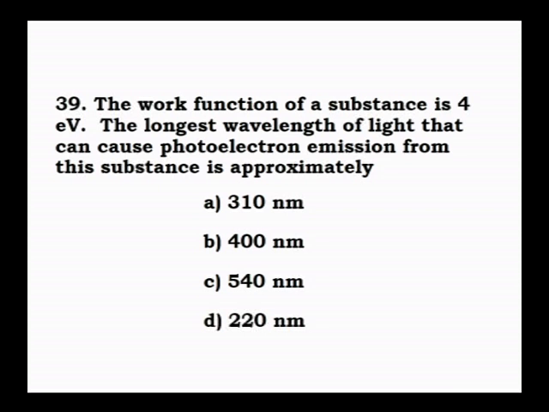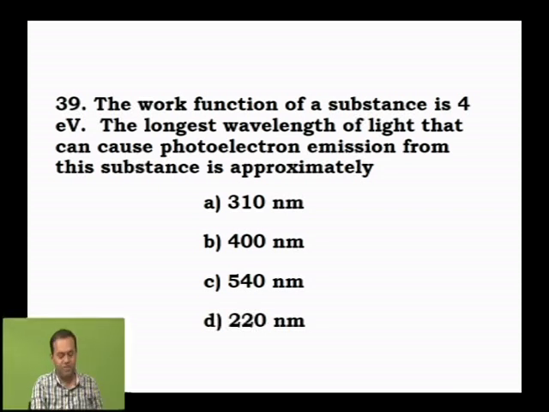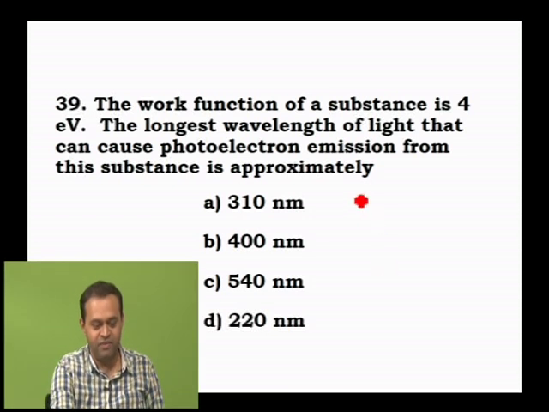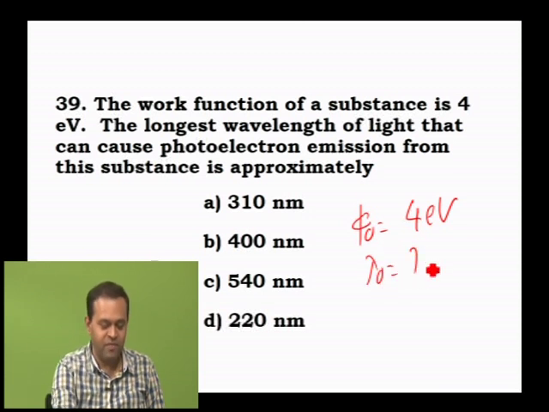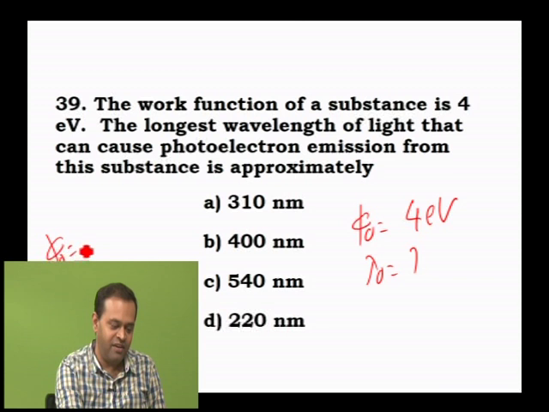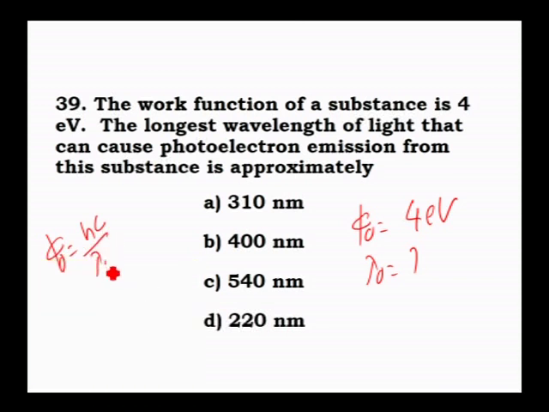Okay. Last question. Work function of a substance is 4 electron volt, meaning phi naught is given. Phi naught is equal to 4 electron volt. The longest wavelength of light that can cause photoelectric emission from this substance is approximately, that means we have to calculate lambda naught. Correct? We know the expression phi naught equals h into c divided by lambda naught. What is the value of hc in terms of electron volt?